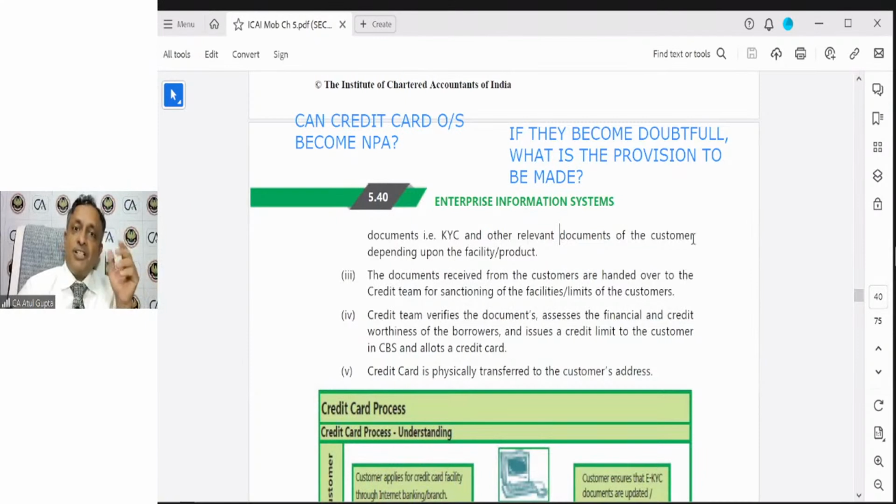Question 1, yes. What is question 2? So doubtful, you understand, it becomes a non-performing doubtful. Yes, the answer is yes. The second question, if they become doubtful, what is the provision to be made? Okay.